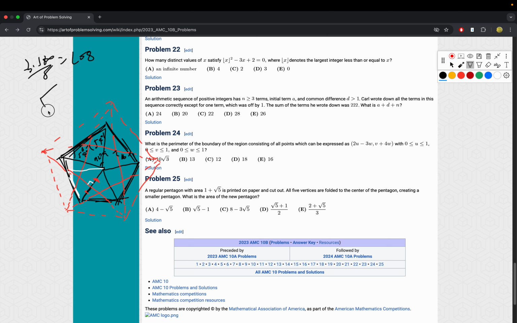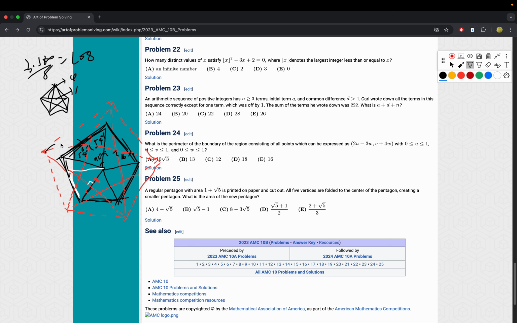Wait. We can use golden ratio, I think. So you know that if this is 1, this is phi.